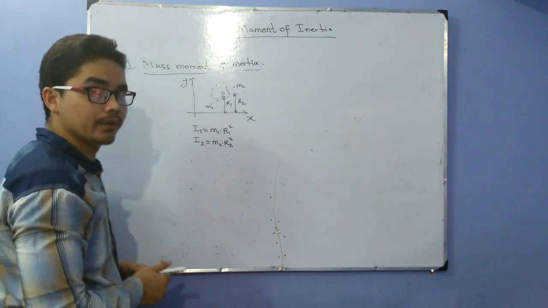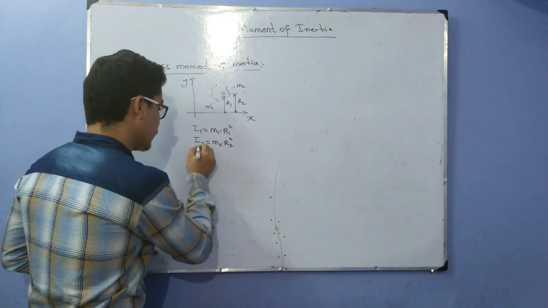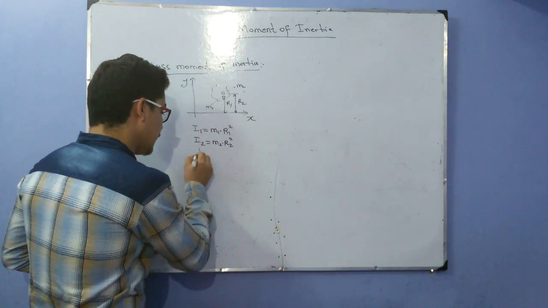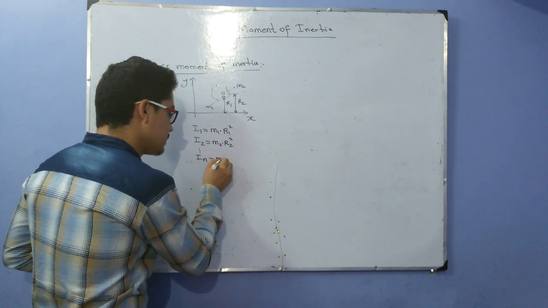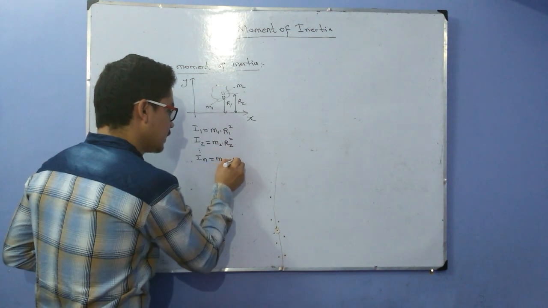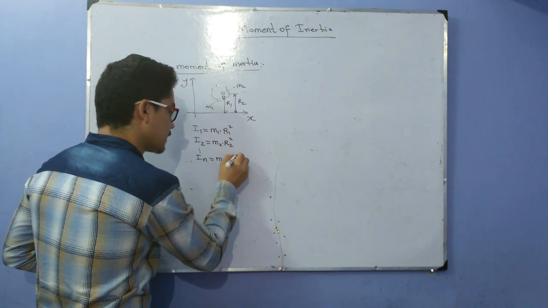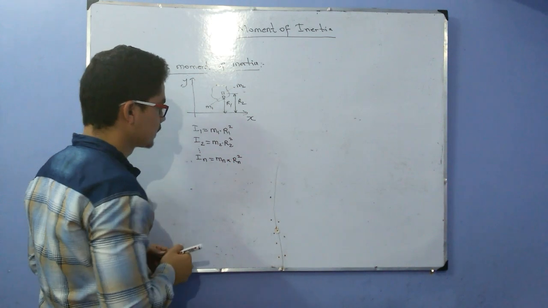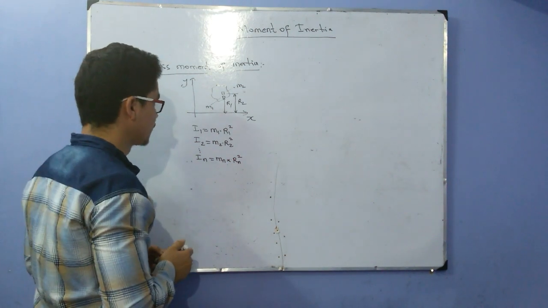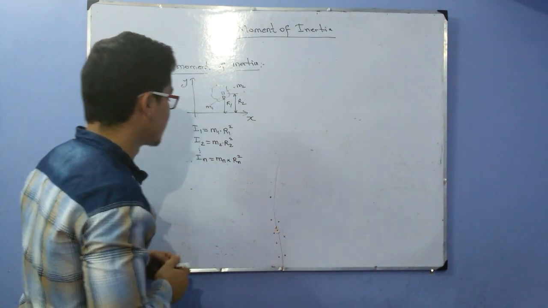If we divide this one into n parts, I can write In is equal to mn rn square. That is the moment of inertia of the nth part of the object.